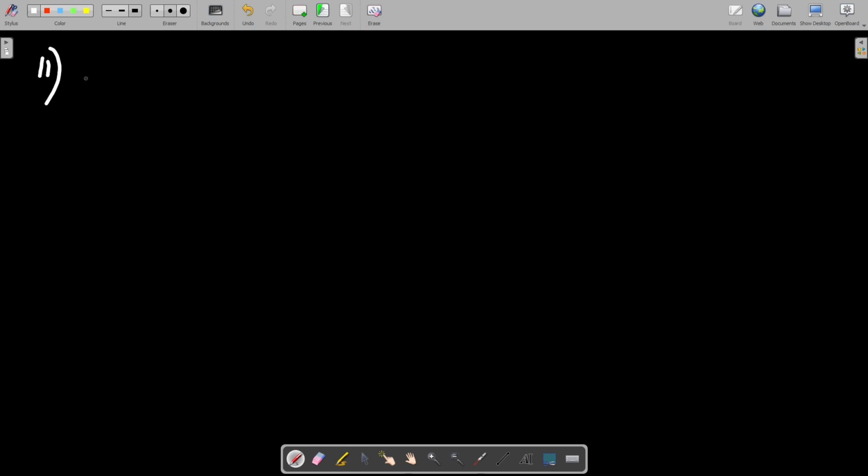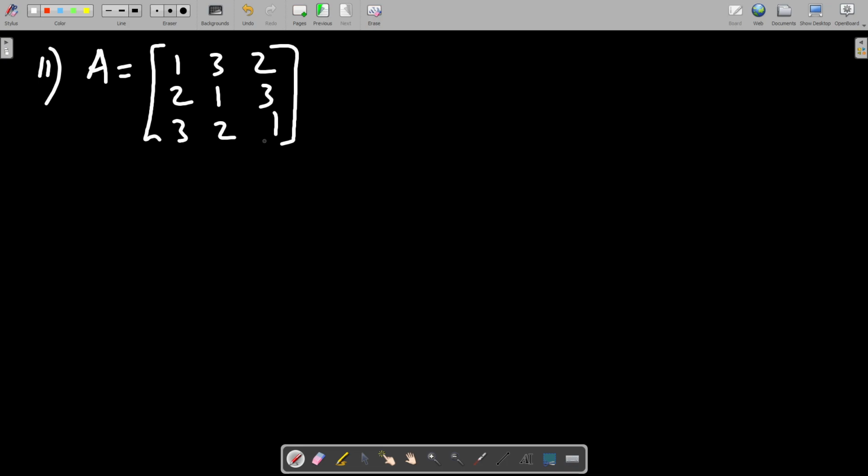Second example, we're going to take A is equal to 1 3 2, 2 1 3, 3 2 1. Okay, so this matrix, so let us calculate determinant of A.